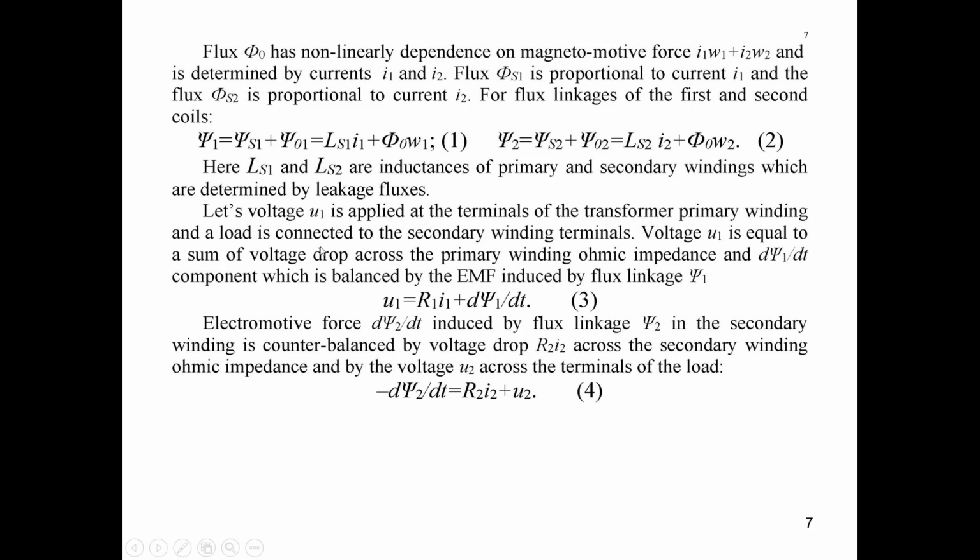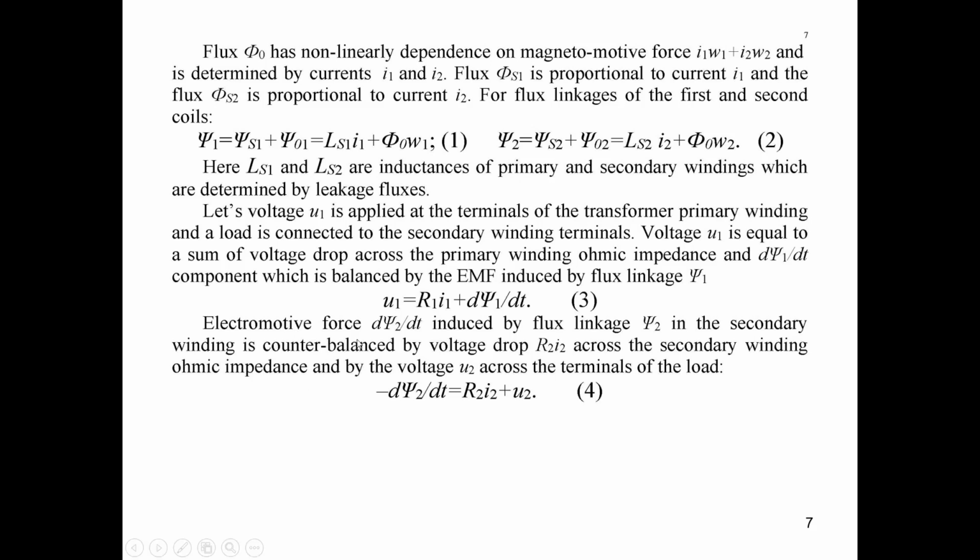We do know that when we apply some voltage, the magnetic flux changes in time. As a reaction we have dψ by dt in this closed loop.